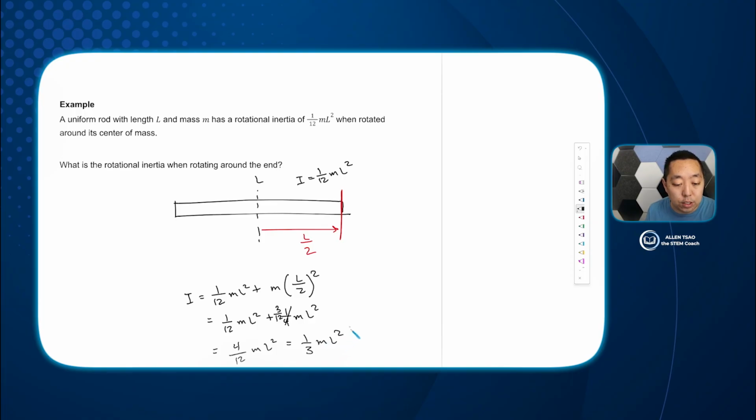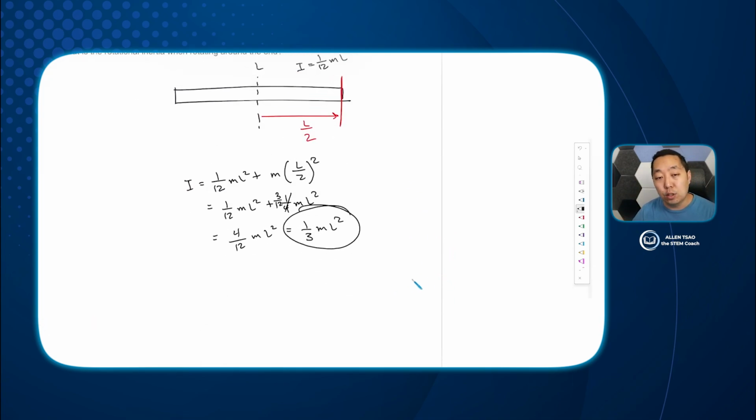You might know this formula. Someone might have told you that rotating a uniform rod around the end is 1/3 ml². And that's how you can find it using the parallel axis theorem. So those are the two methods we use to calculate rotational inertia: either knowing it for the shape already, or doing the parallel axis theorem.